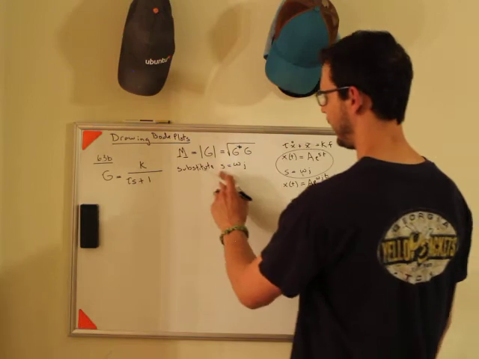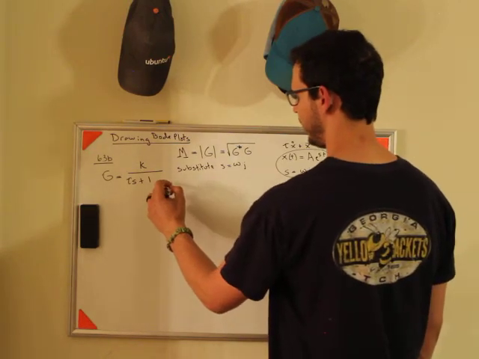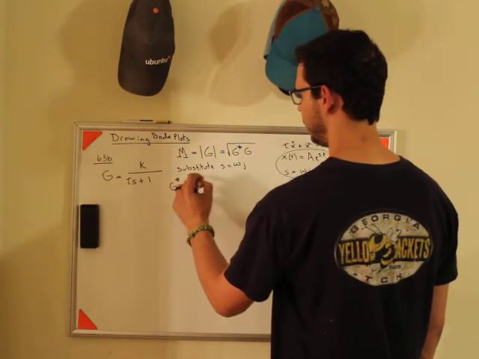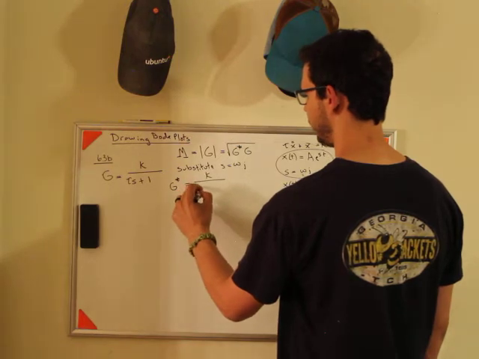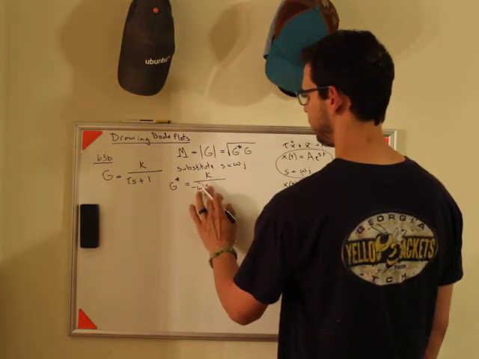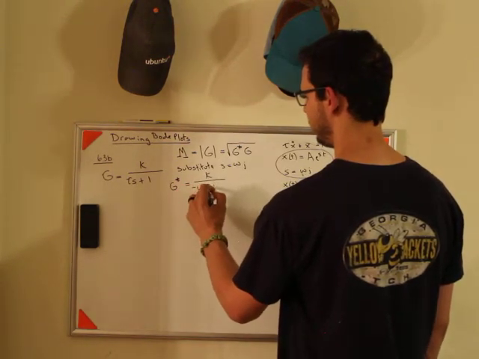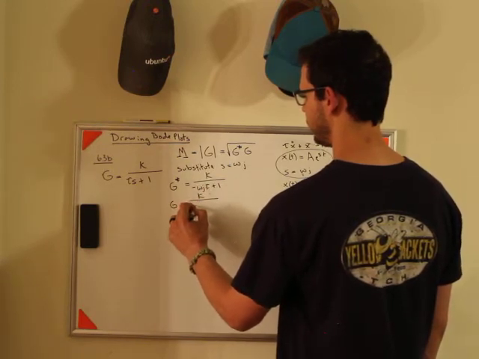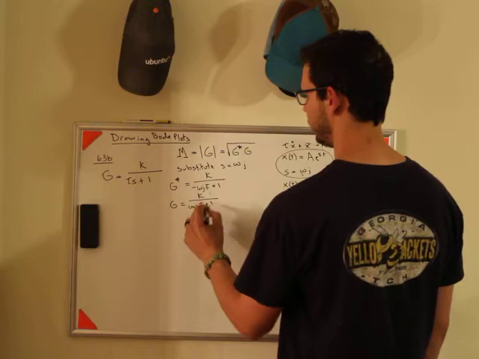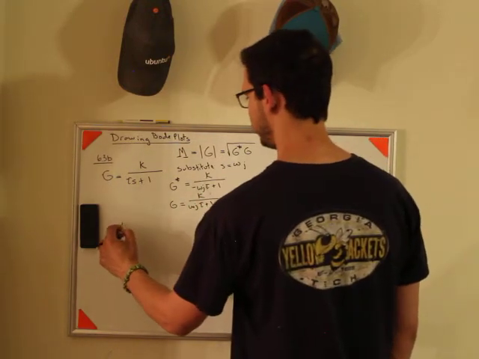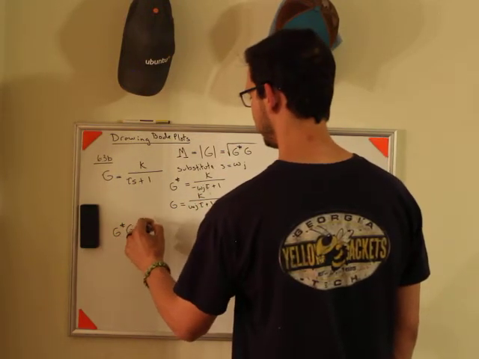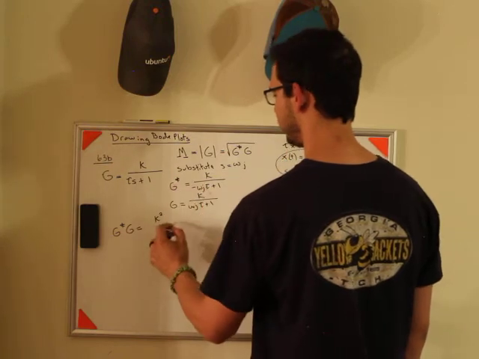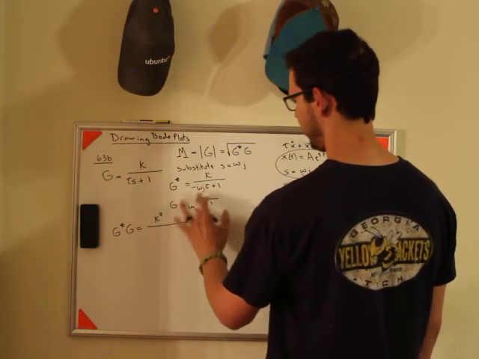Okay, if I substitute in s equals omega j, I'm going to get that G star is k over negative omega j tau plus 1, and G is k over omega j tau plus 1. If I do G star G, I'm going to get k squared all over, and I have to look at this here.